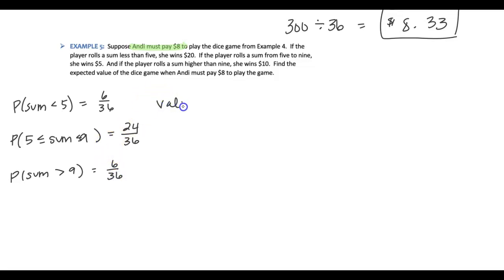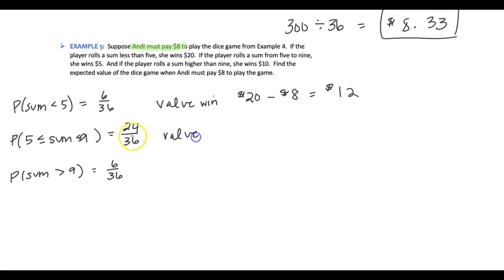The value of a win when rolling a sum less than 5 was $20, but if Andy has to pay 8, then how much she actually gets to take home would be 12.